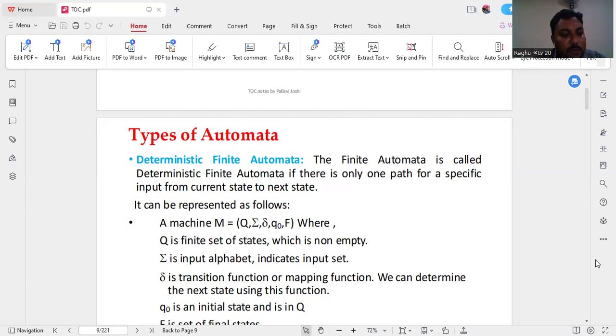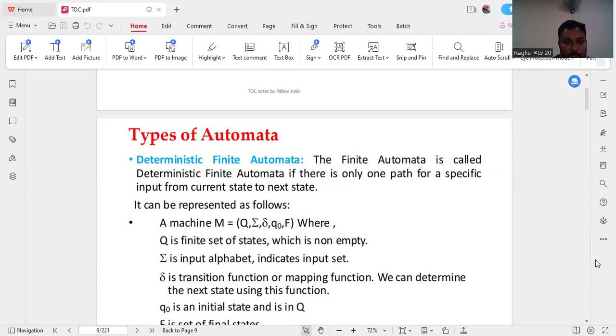Such types of automata are called deterministic finite automata. It has 5 tuples and it is denoted with M. Why? Because it is a machine. Then a machine M equals Q, sigma, delta, Q naught, F, where Q is the finite set of states, which is non-empty, sigma is the input alphabet, which indicates the input set, and delta is the transition function or mapping function.